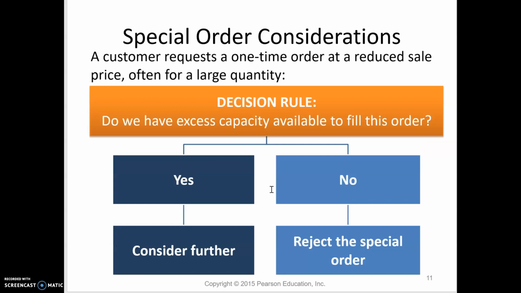So the very first thing we have to do is ask ourselves, do we have excess capacity to fill the order? If we do, then we can consider it further. If we don't have excess capacity to fill the order, then that's easy. The answer right away is no, we're not going to pursue it.